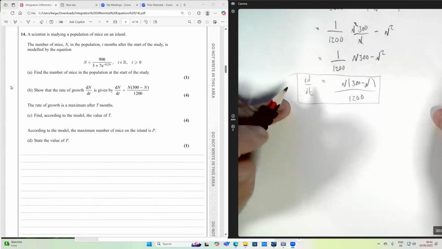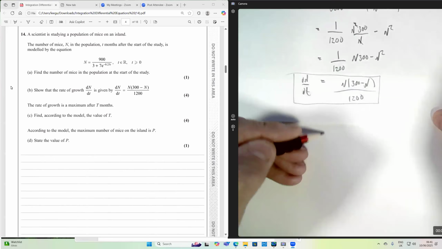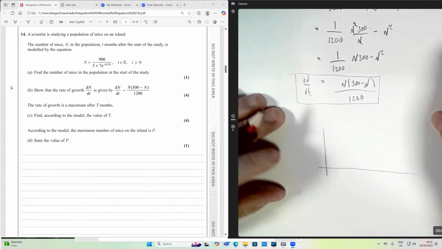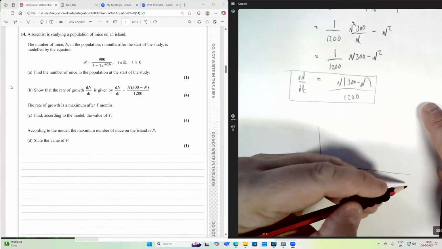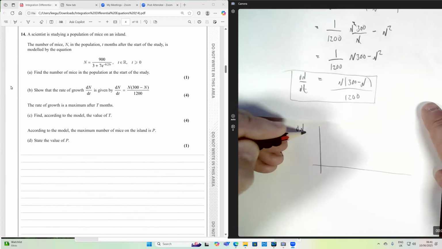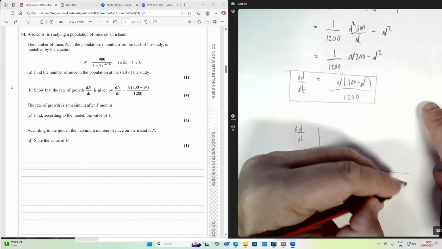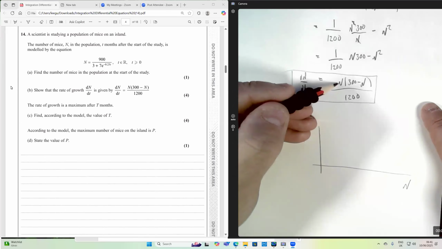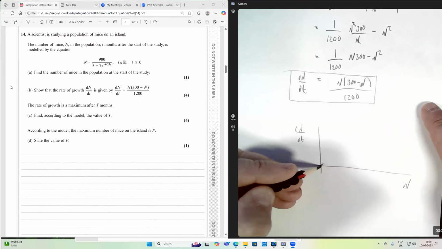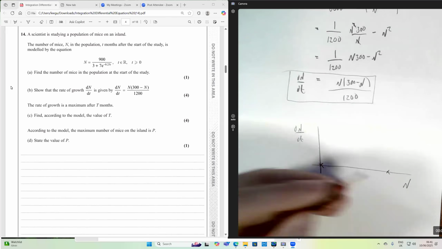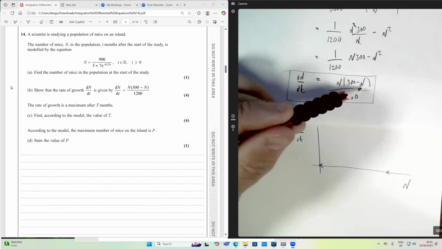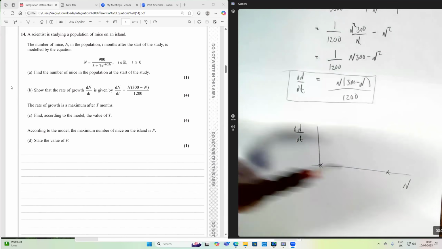So this is our rate of growth, okay? Now, if we were to look at this, you can see that when n is equal to 0, so let's say this is our rate of growth, dn by dt, and this is our n. Now, when n is 0, we have 0 rate of growth. And when n is equal to 300, we would have 300 minus 300, we'd have 0 growth, okay?